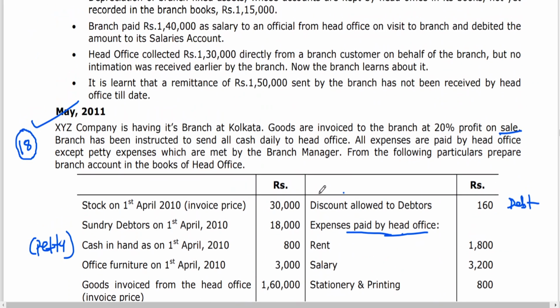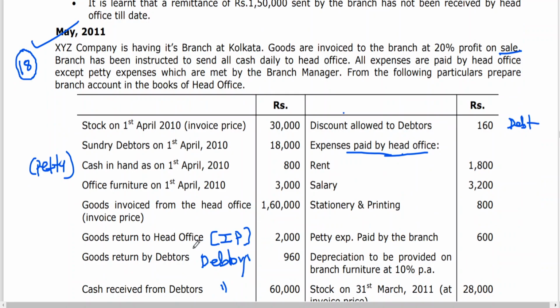Now, he is saying that goods are invoiced to branch at 20% profit on sale. That means the information is invoice price, and the percentage is also on invoice price. No need to change the percentage of invoice price. So we are having loading effect on opening stock, closing stock, goods sent to branch, goods returned by branch. XYZ company is having its branch in Calcutta.